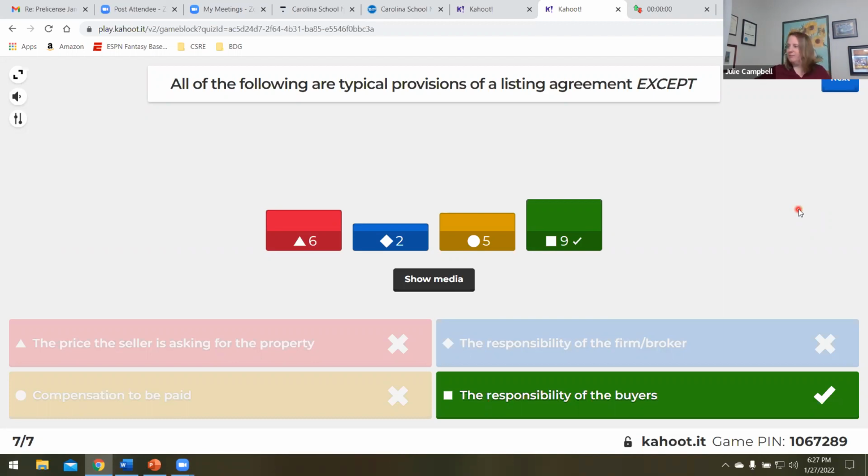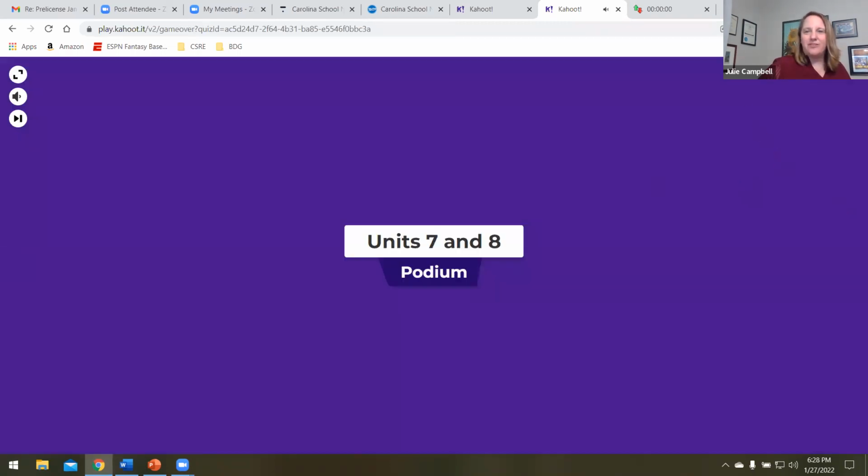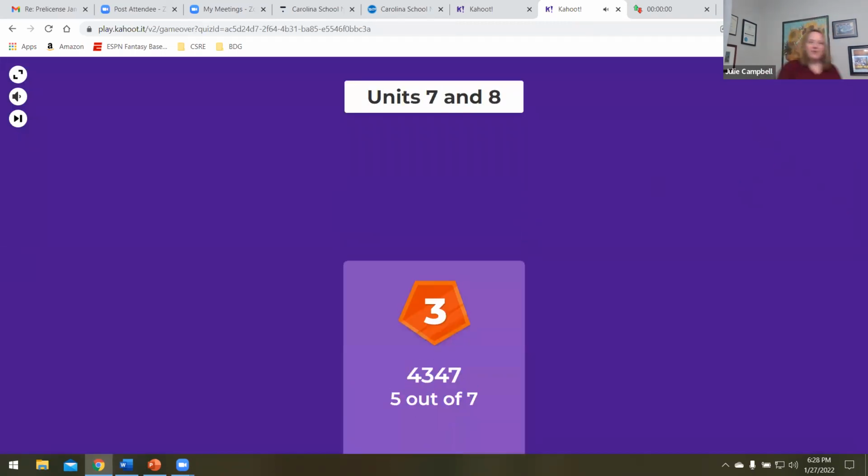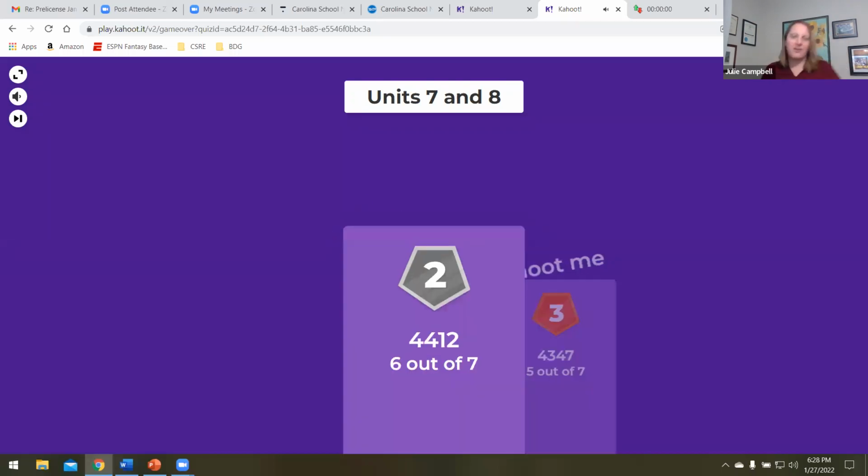Before we do the big reveal. Okay, y'all ready? Our podium winners. Third place is Kahootme. Good job. Second place, Lewis.